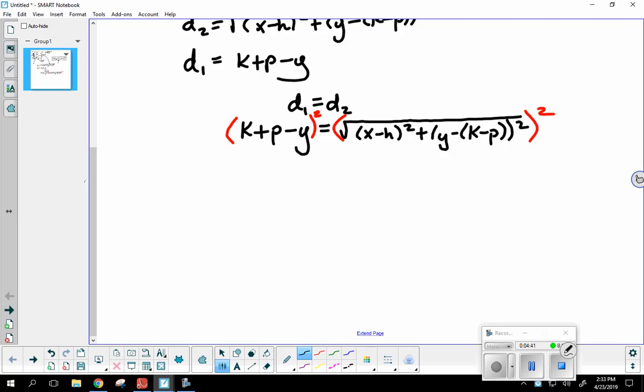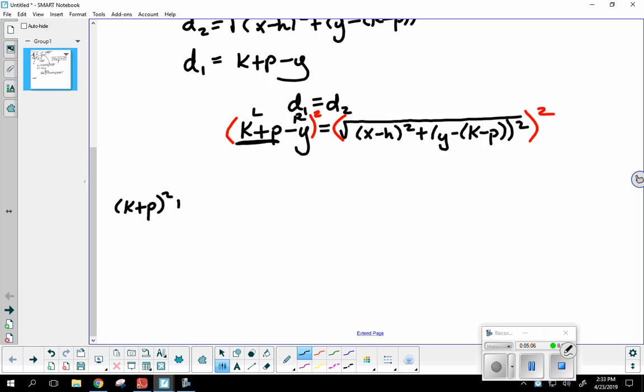Now, just to make this a little easier, instead of multiplying this trinomial times itself, let's pretend that k plus p is one term. So instead of a trinomial, this is a binomial. This would be the left term, this would be the right term. Follow along. We square the left, so that would be (k plus p) squared.